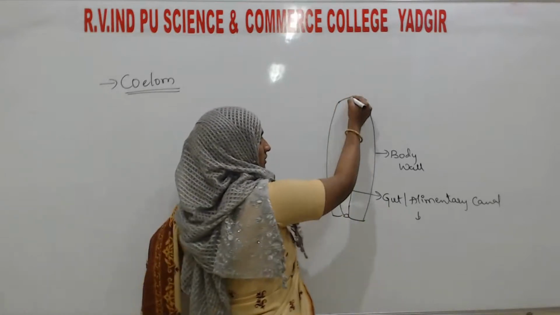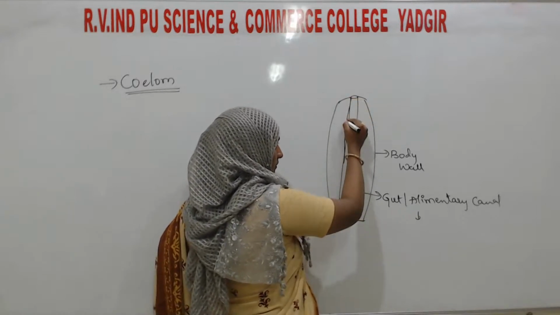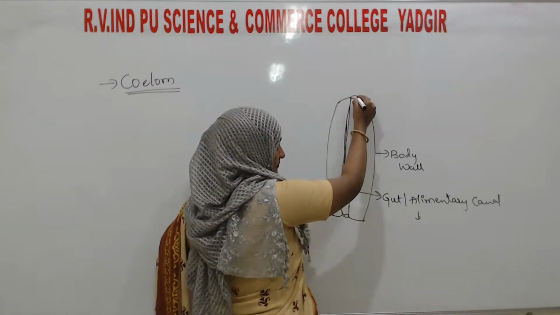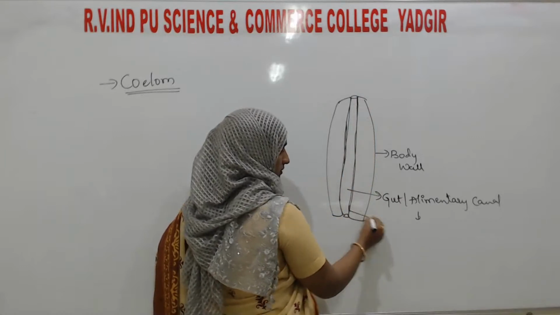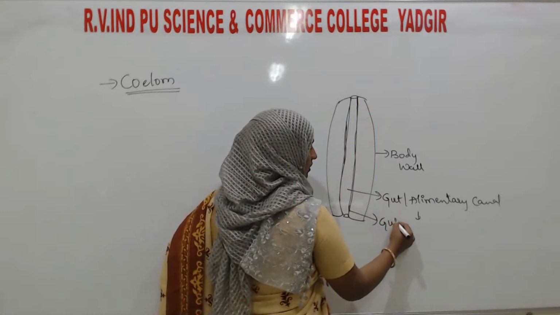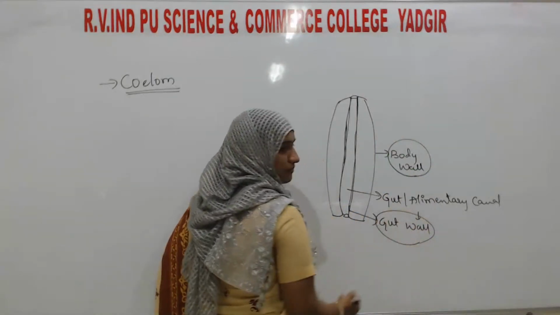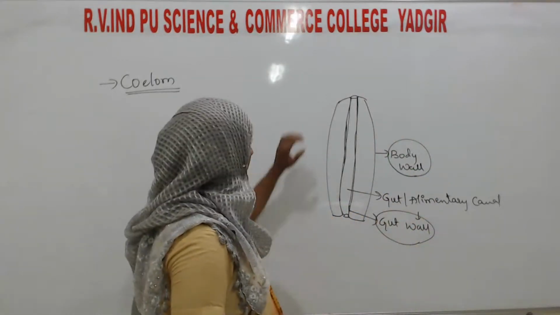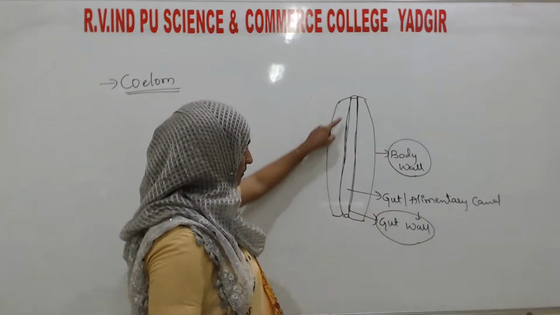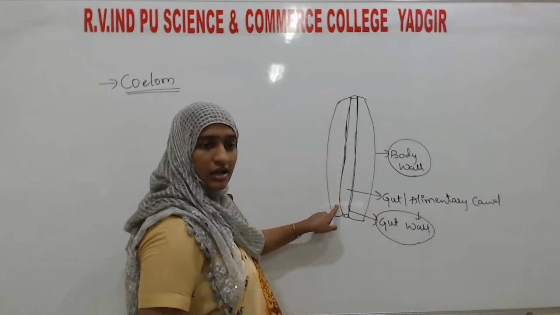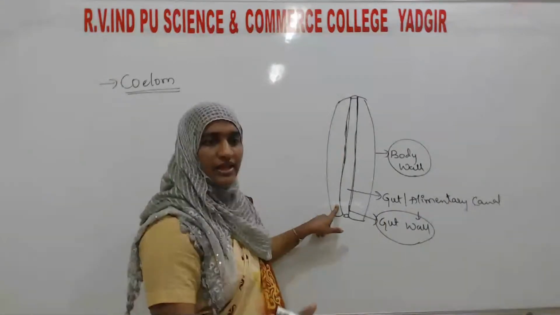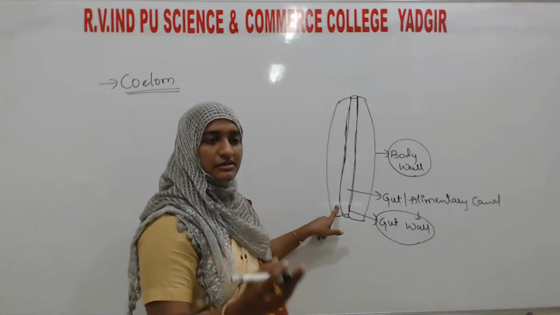This is the wall of the gut. This is the body wall and this is the gut wall. Inside the body wall there is a gut wall, a wall of the alimentary canal. Stomach will be there, intestine will be there.